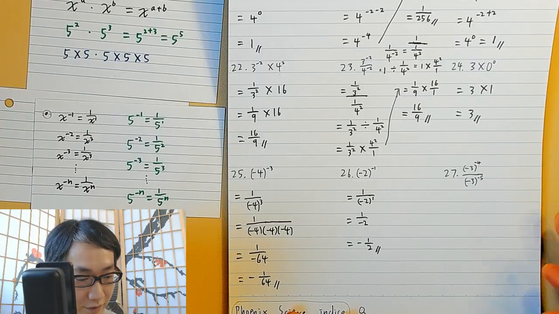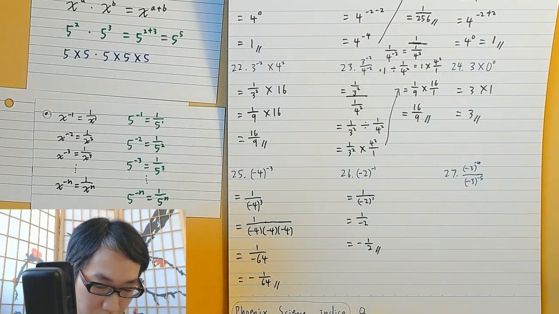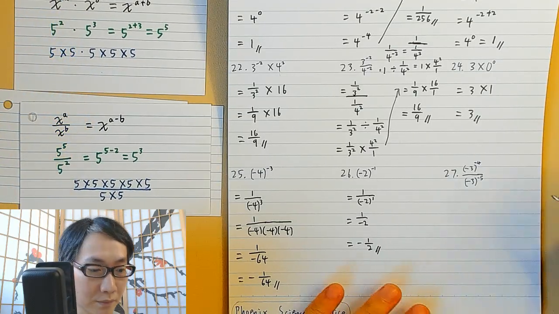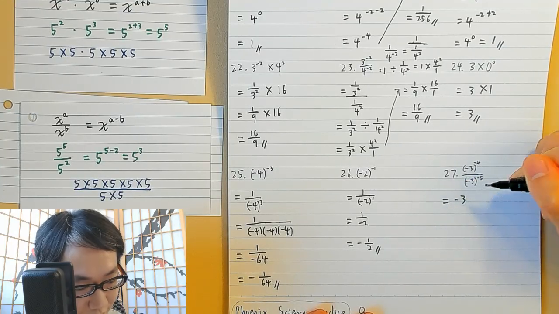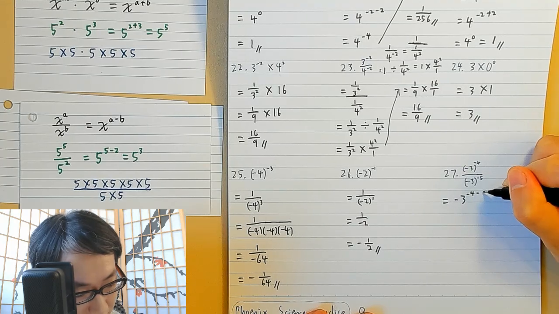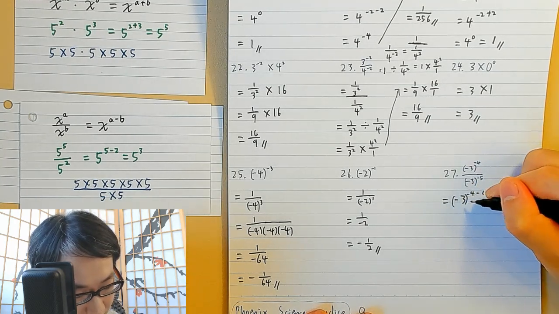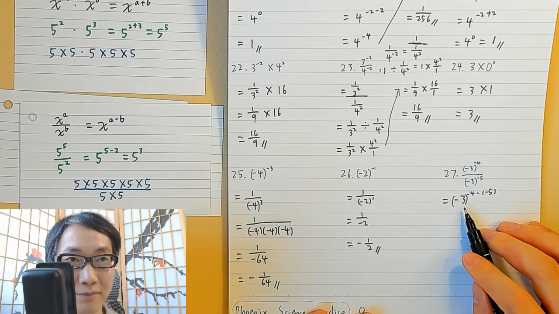Then 27. Oh, we can use the minus rule. So we have -3 to the power of -4 minus -5. Oh, this has to be bracketed. Okay? If I didn't have the bracket, it is another thing.